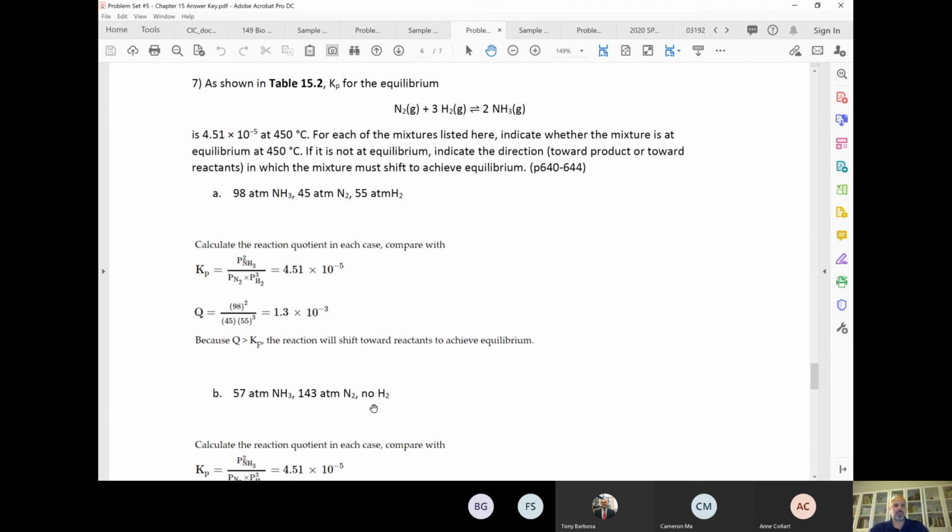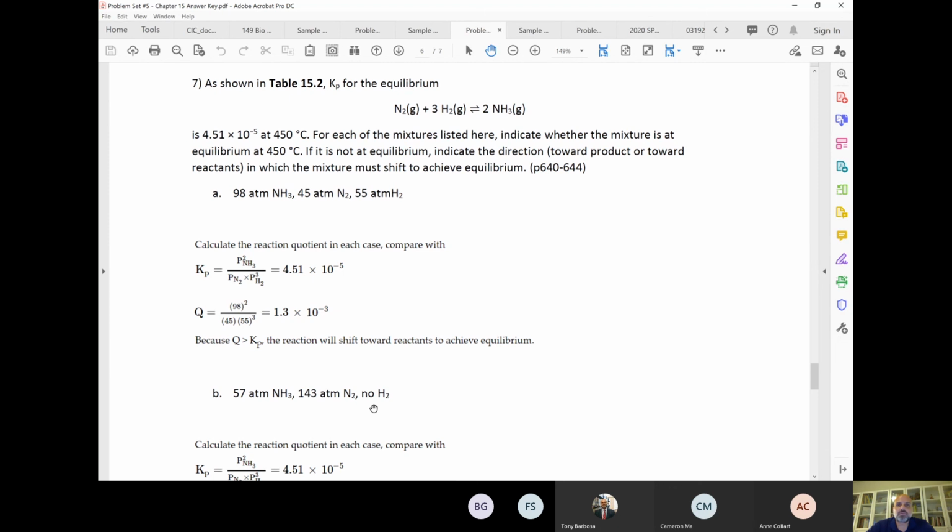All right, so this is the question. As shown in table 15.2, Kp for the equilibrium of nitrogen plus 3 hydrogen gives us 2 ammonia is 4.51 times 10 to the minus 5 at 450 degrees Celsius. For each of the mixtures listed here, indicate whether the mixture is at equilibrium at 450 degrees Celsius.